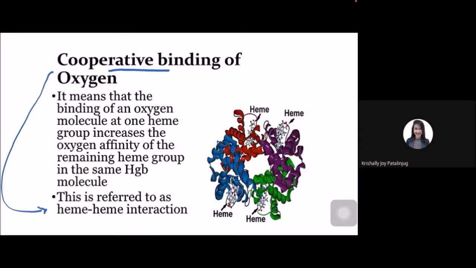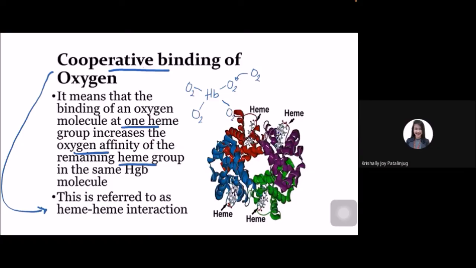When we say heme-to-heme interaction, it means that binding of oxygen at one heme will result in enhanced affinity of the rest of the oxygen to the other heme groups of hemoglobin.